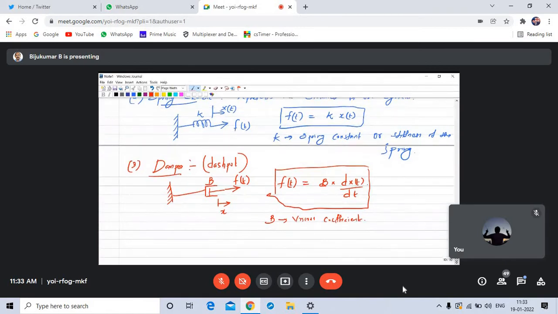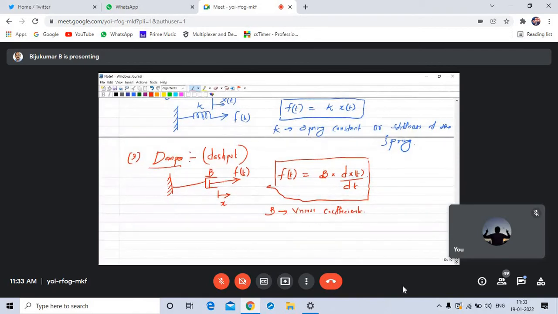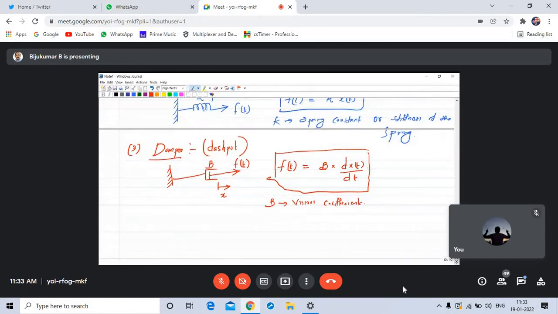Okay. So these are the three basic elements which are required to model a mechanical system.